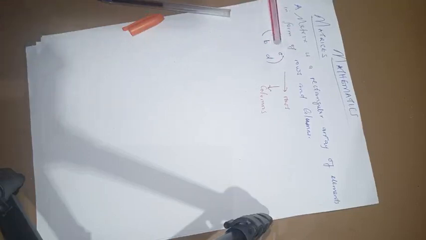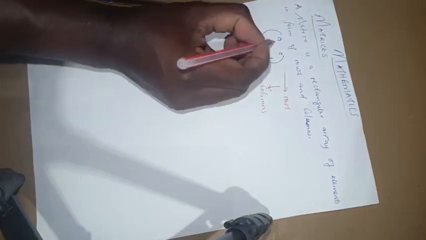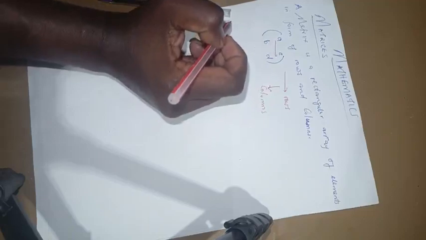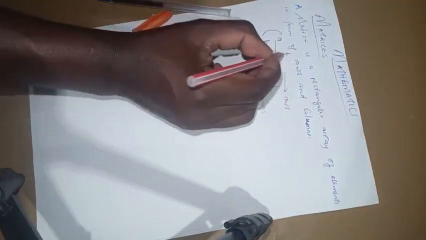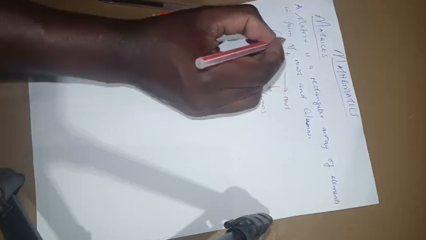So we have line 1, line 2. This is a row. This is another row. Those are called the rows. Then going down, we have this line where we have C and D. We also have this line where we have A and B. Those are called the columns.